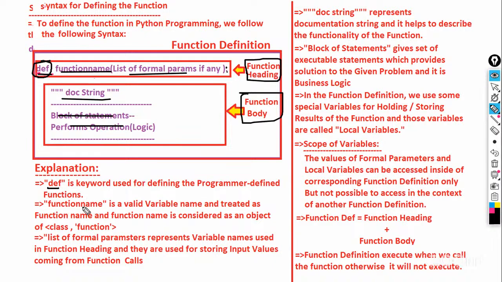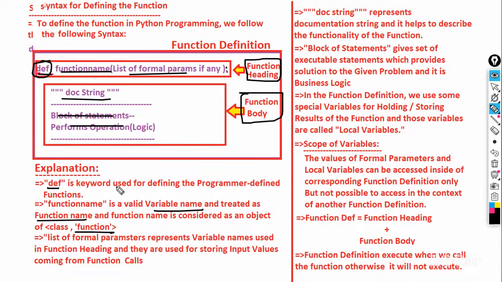Then the function name should be a valid variable name. And this valid variable name is treated as the function name. And by default, the function name is considered as a function object.